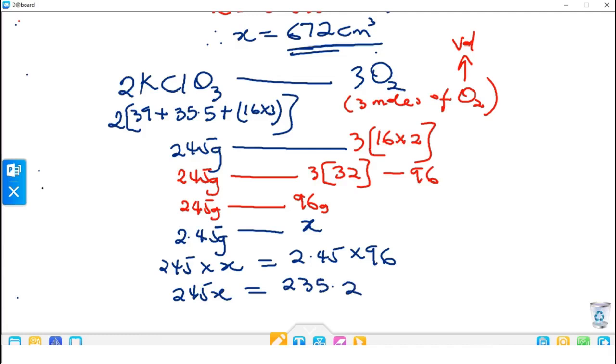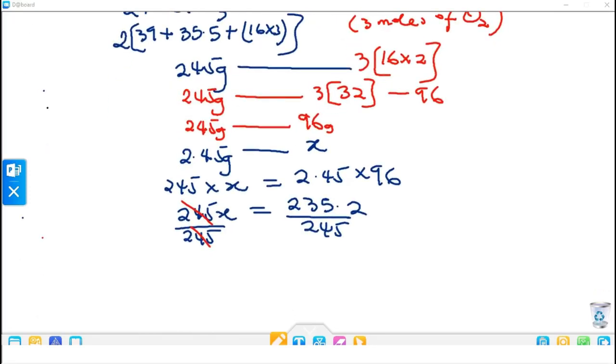So to find our mass of oxygen, we need to divide both sides by 245, and when that is done, we're going to have 245 taking care of 245, and next we have our x value.